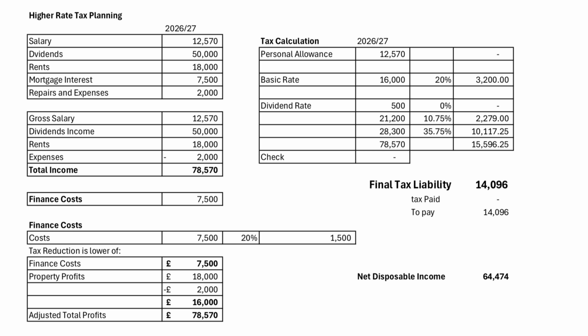So the 12,570 that we currently have with no tax, that starts to disappear at 100,000. And for every £2 you go up, you lose £1 of your personal allowance. So by the time you get to 125,000, you'll be taxed on the whole amount of your income. There will be no tax-free element apart from your £500 at 0% on your dividend tax.